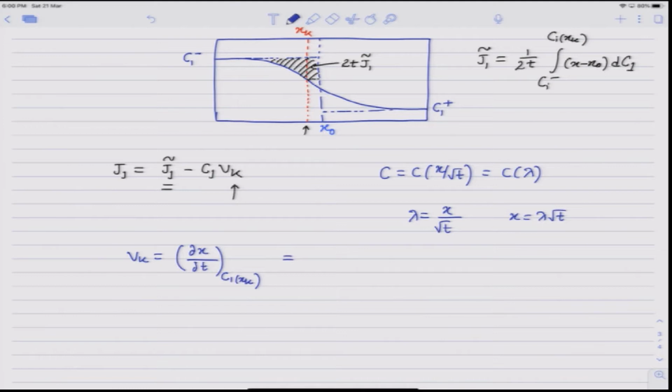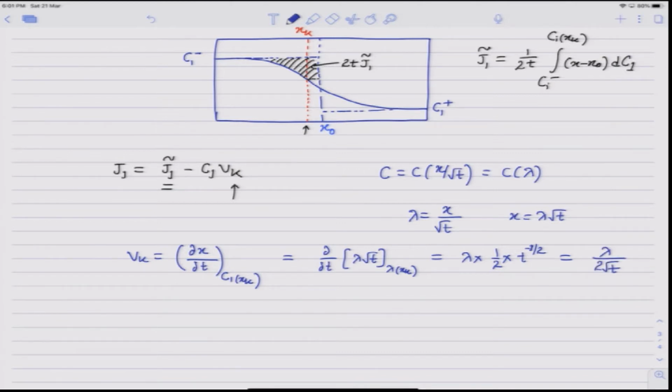We can write the partial derivative with respect to t of lambda root t, at the given lambda corresponding to xk, and so lambda is constant. We can write this as lambda times 1/2 times t to the power minus half, so it is equal to lambda over 2 root t.